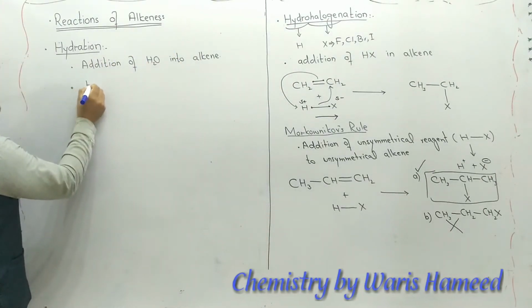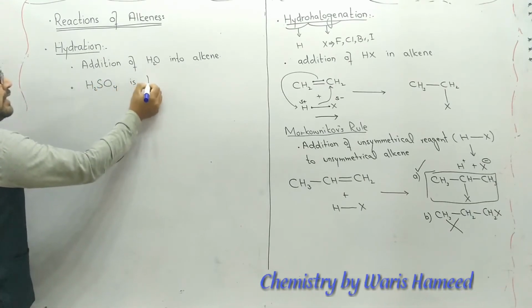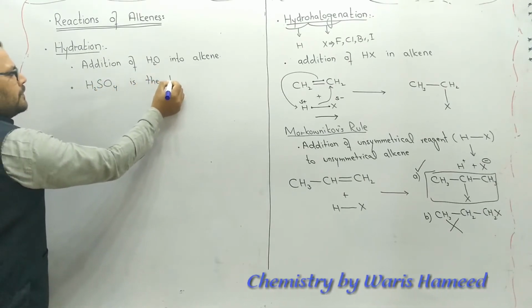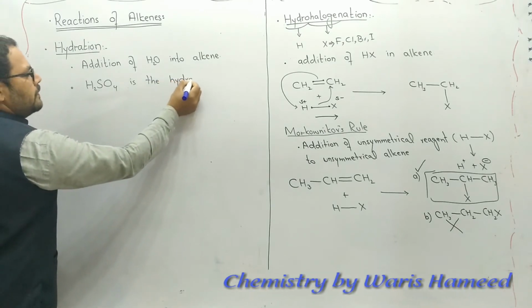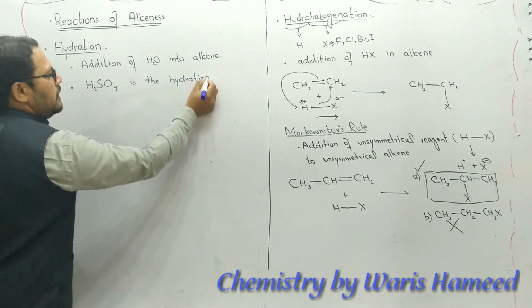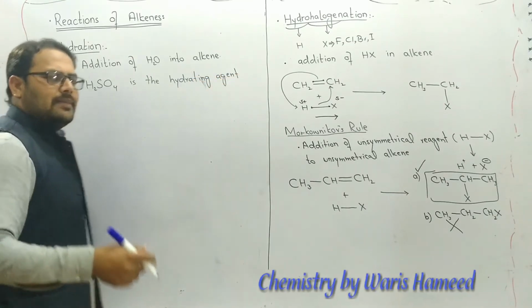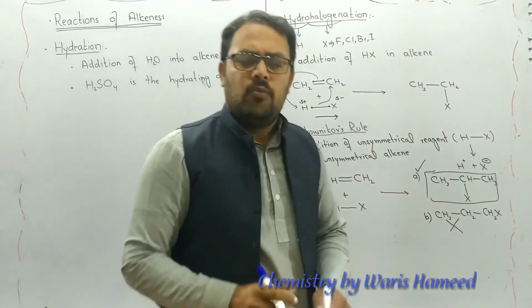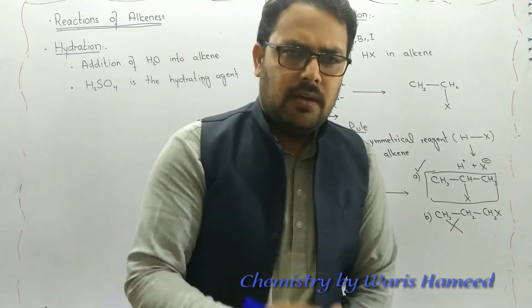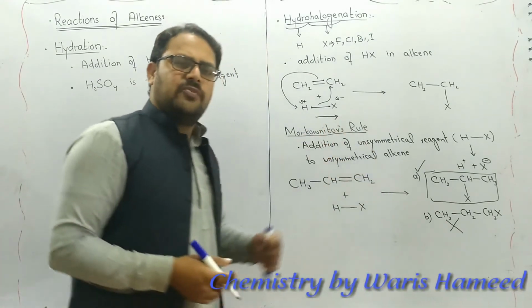Sulfuric acid, H2SO4, is the hydrating agent, and it also acts as a dehydrating agent. We can dehydrate alcohols to form alkene with the help of sulfuric acid.